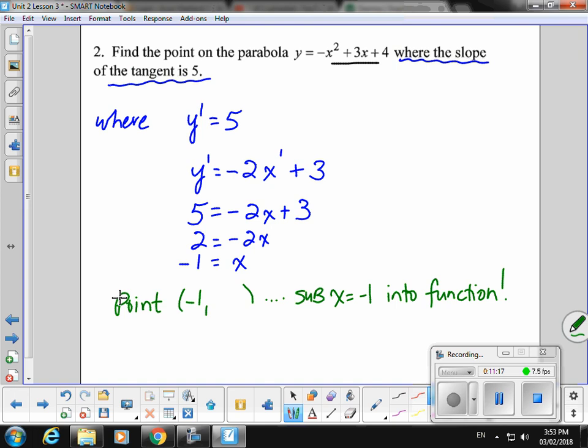Okay. So y equals -1 squared plus 3 times -1 plus 4, just to verify that our 0 was correct. So I have -1, -3 plus 4 is 0. There, we have found our point.